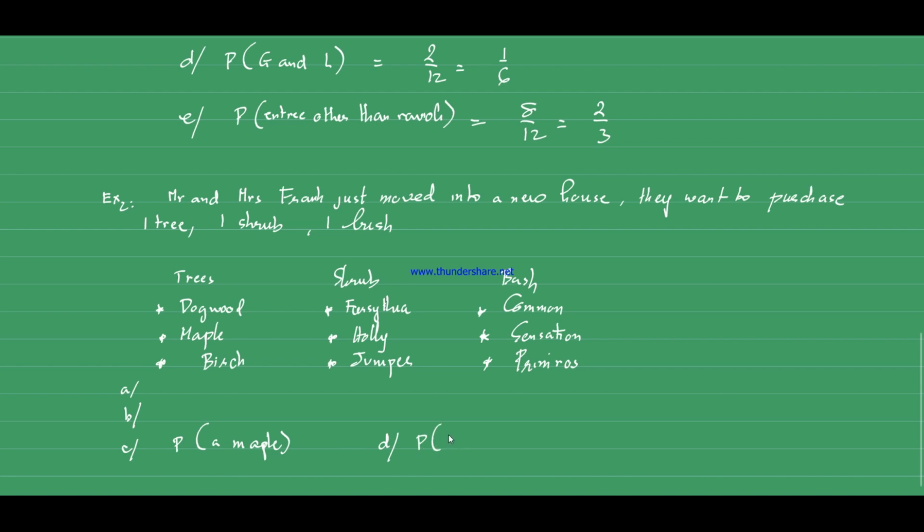And for E, we want to find a bush other than sensation. Okay. So let's see how we do this.